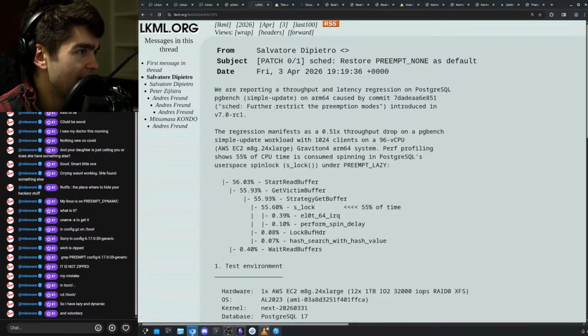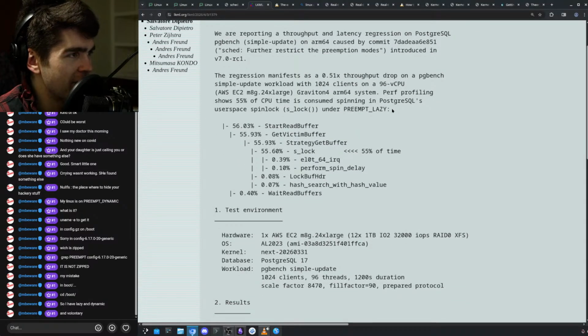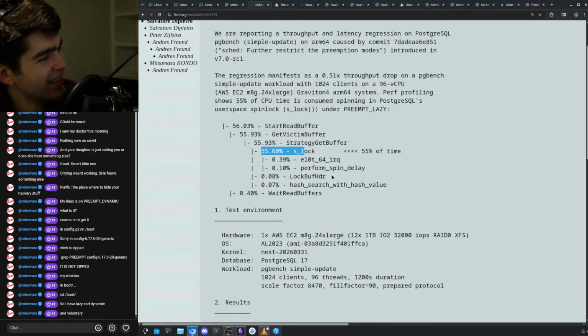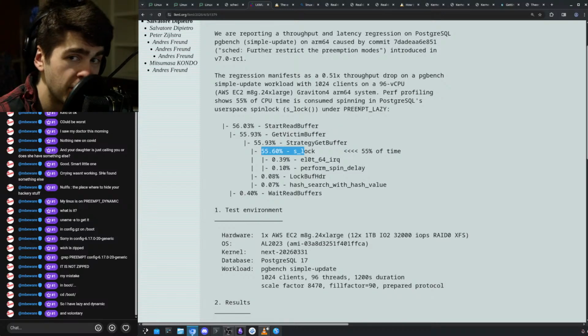And he's like, hey, we're losing 50% performance because we've got a lock that is breakdancing on the dance floor since we have this new preempt lazy. And this doesn't happen when we're on preempt none.